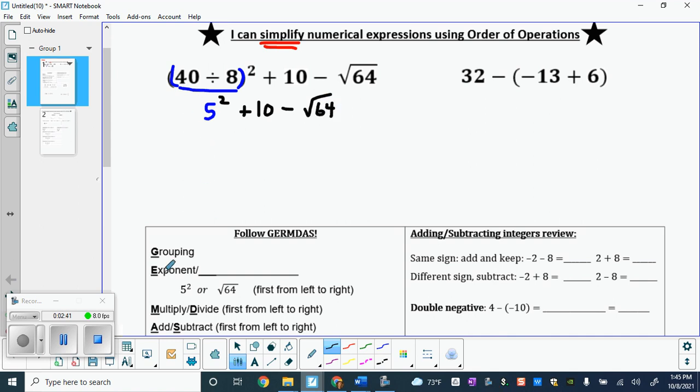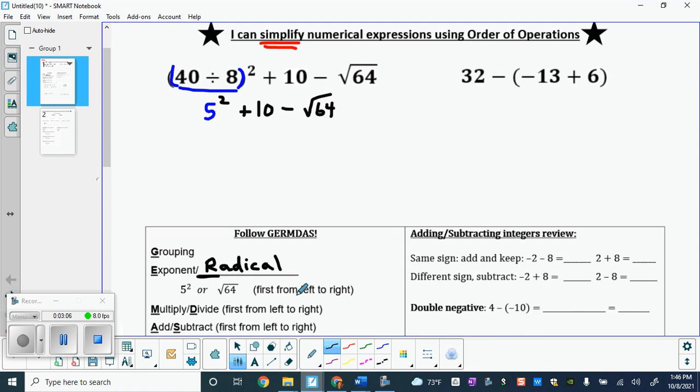The next thing we care about is handling an exponent, or now I'm going to put in a new word. It's an R for radical. And radical is actually the fancy math word for the square root symbol, y'all. So when you see here the square root of 64, that's a radical. An exponent is this little 2 that tells you how many times to multiply 5 by itself.